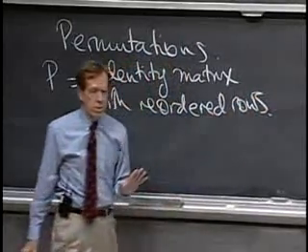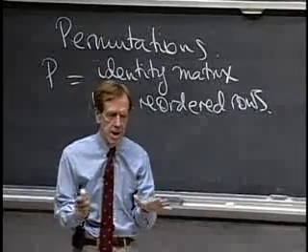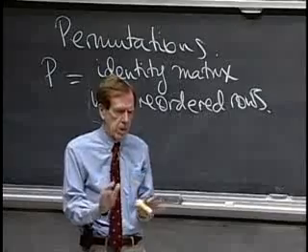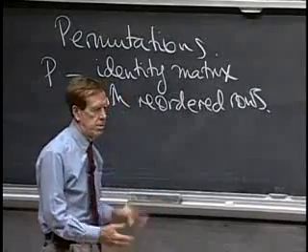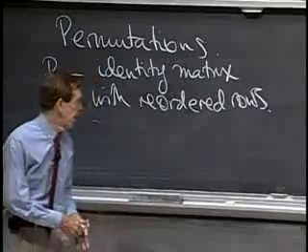Well, I include in reordering the possibility that you just leave them the same. So the identity matrix is okay. That's like your basic permutation matrix. Your do-nothing permutation matrix is the identity.